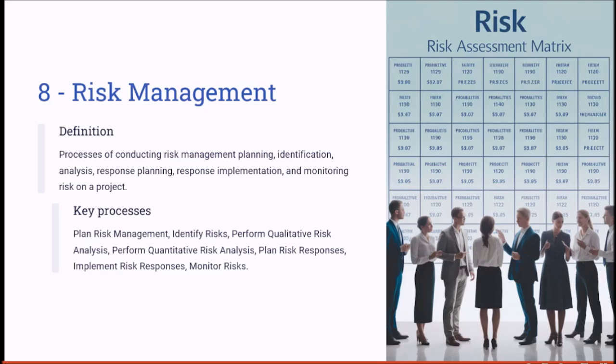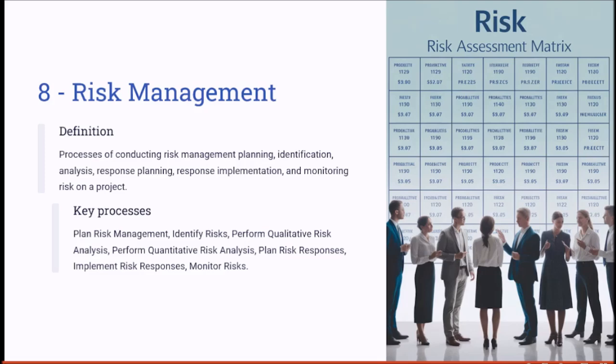Think of it as evaluating or trying to identify cost and time or schedule for each of these project risks, which we are going to explain in detail in later sessions when we reach project risk management.